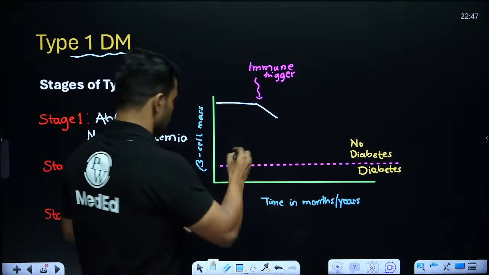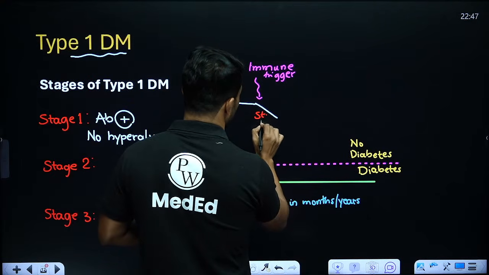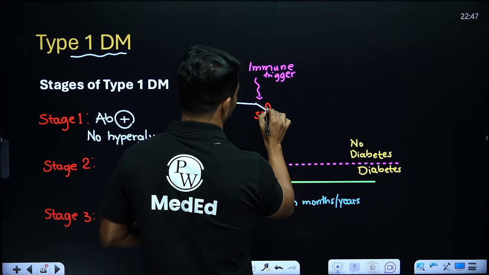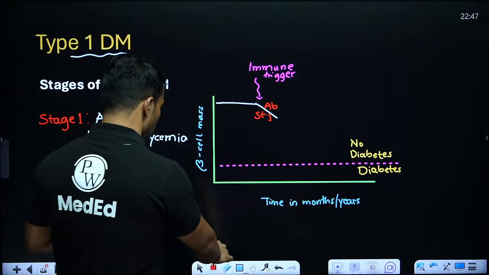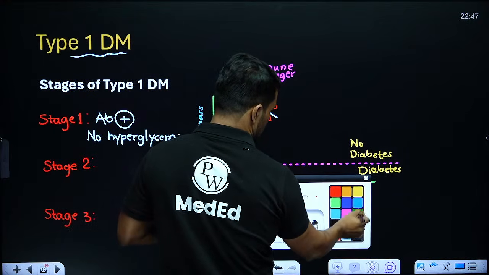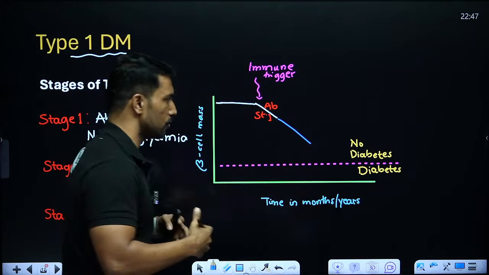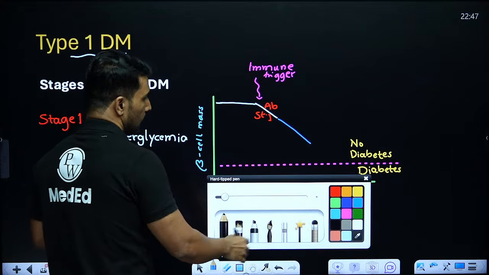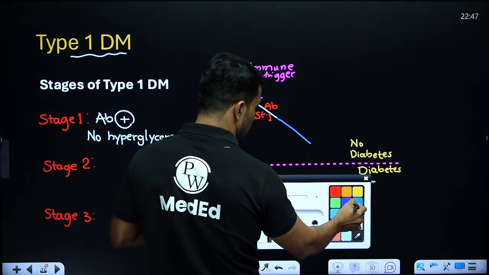Okay, so this will be my stage 1. In stage 1, antibodies appear, but the blood glucose level is normal. As time progresses, my beta cell mass will further decrease because antibodies are going to cause the damage. This stage, I'm going to call stage 2. Stage 2.